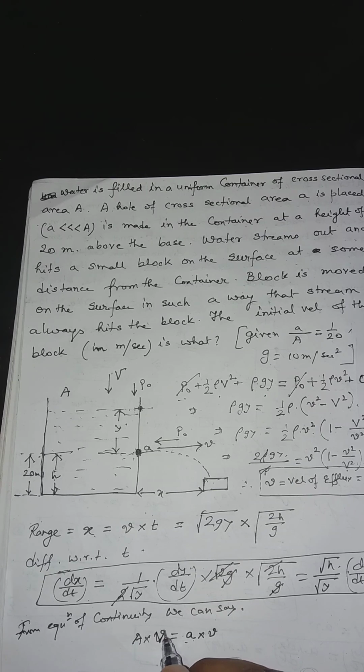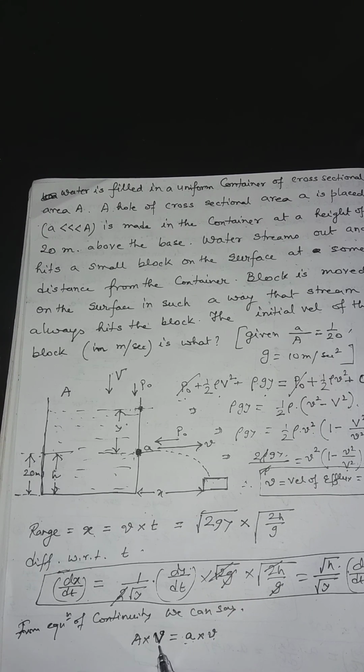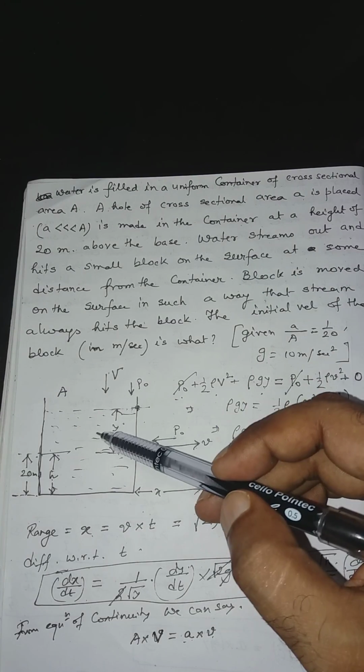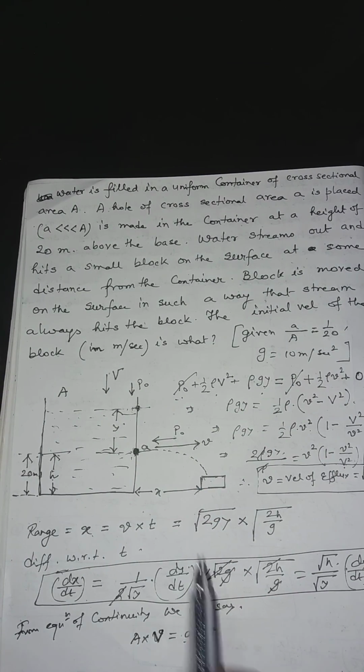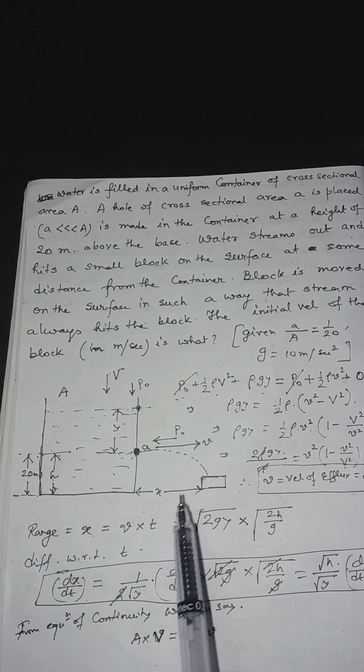So this is capital V and this is small v. Capital V is the velocity of the liquid moving vertically in the downward direction, and small v is the velocity of efflux moving to the right-hand side in the horizontal direction.